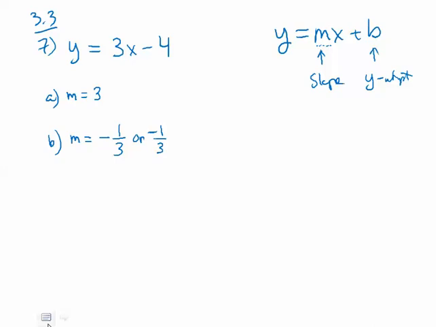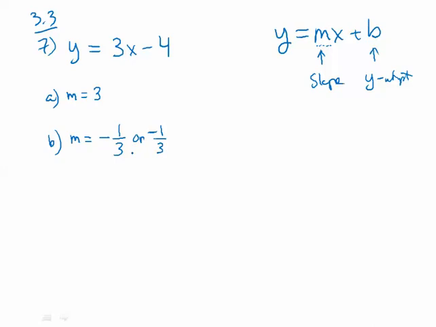You have to do the opposite reciprocal. And the parallel is just going to be the 3. Yep, it's the same exact thing, because parallel lines have the same slope and perpendicular lines have opposite reciprocal slopes. When they ask you on the test, you can do one or the other.